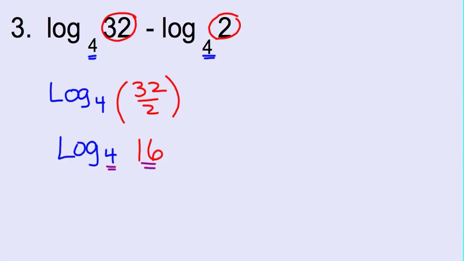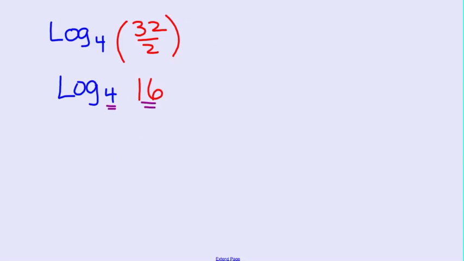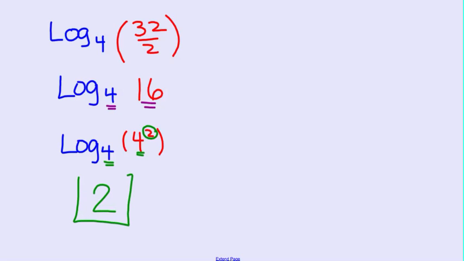So what two numbers with base 4 would give us 16? So logarithm base 4, and then I can rewrite that 16 as 4 times 4, or 4 squared. Now I have the logarithm base 4 and exponential base 4, so my final answer then, everything else cancels out because these are inverses of each other. I just have an answer of 2.